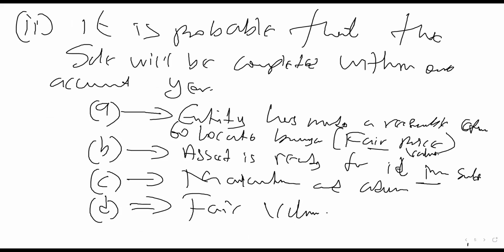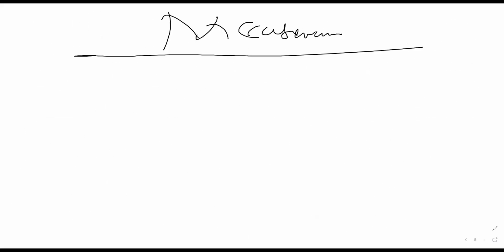What if after 1 year they have not sold the car? The asset is still there. What will happen? You have to reinstate it back, if it's by management action. If it's not by management action, you will classify.